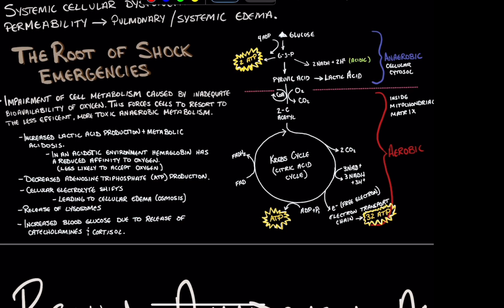As the cell enters these acidotic states, lysosomes, which are basically enzymes that are in these little globules inside of most cells, come into play. What they're normally used for is to help break down bacteria or other pathogens which might enter the cell.